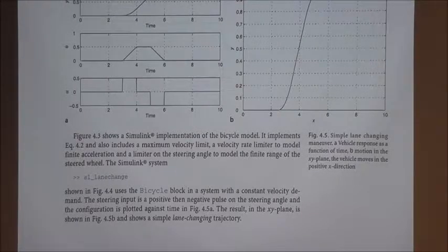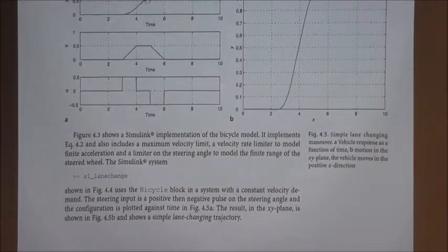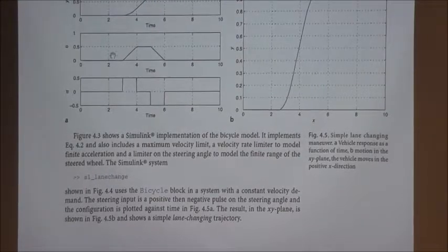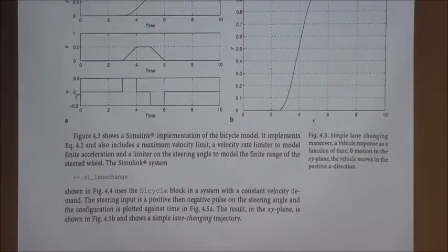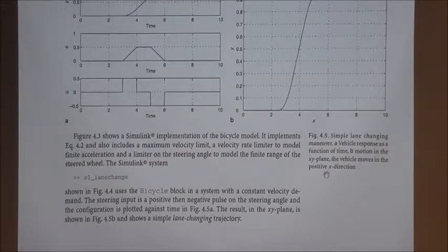So this is like x dot, this is minus x dot, this is just x, or t in this case. And then the derivative of that is going to be your alpha. So this is the simple lane changing vehicle response as a function of time, motion in the x and y location.